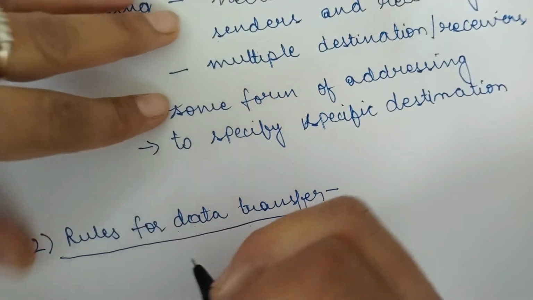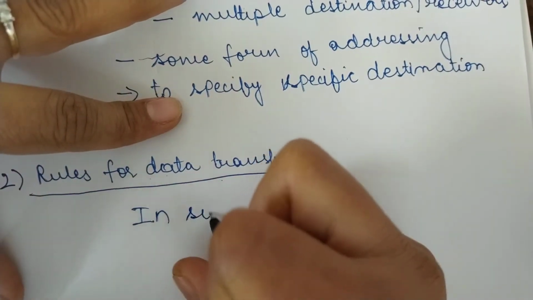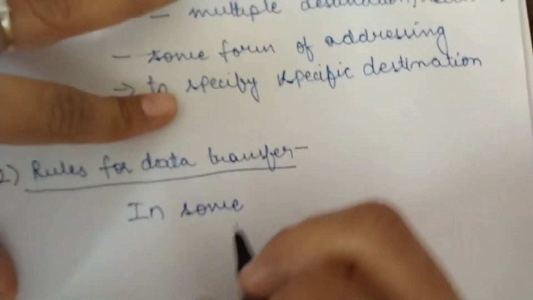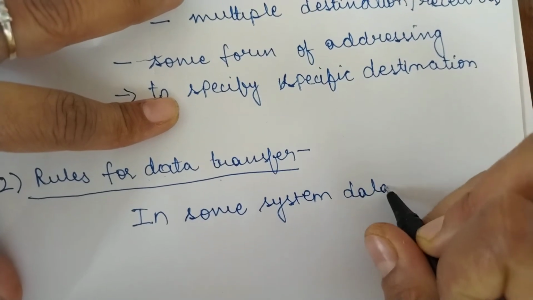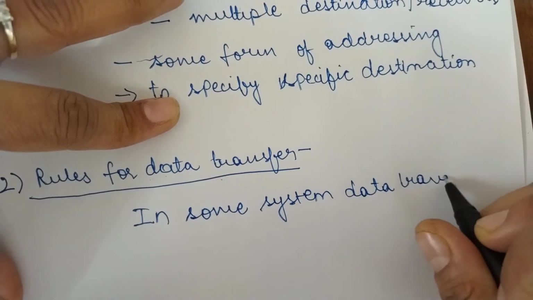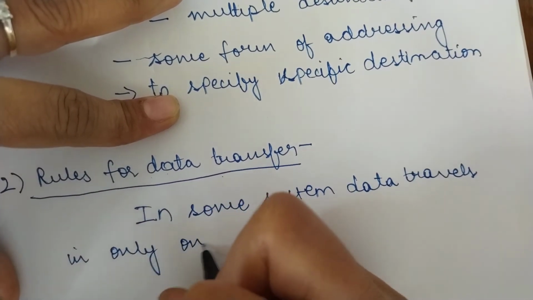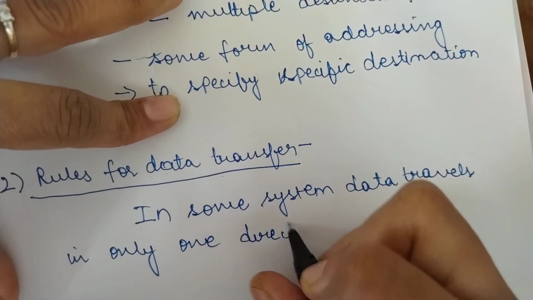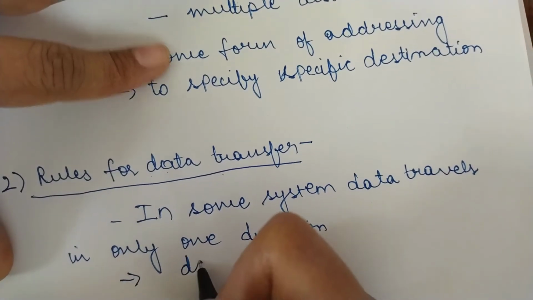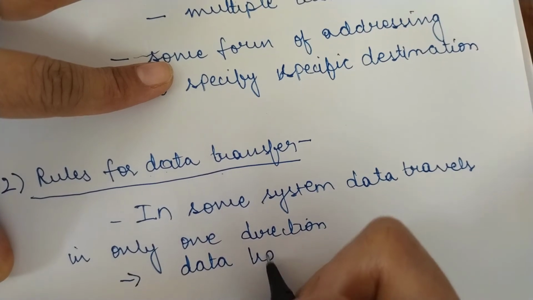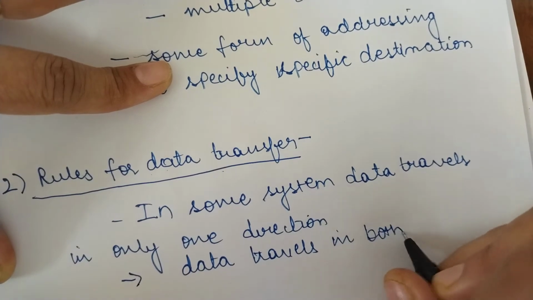Like in some systems, data travels in only one direction, while in other systems the data travels in both directions.